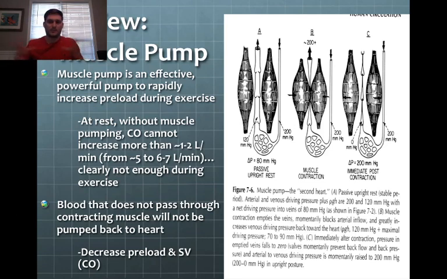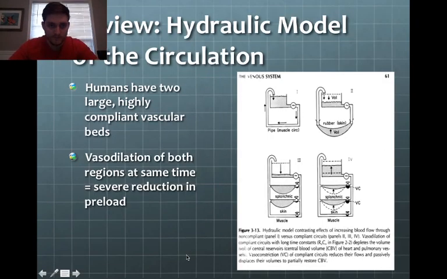It can't compress and it can't drive up pressure to deliver more blood back to the heart. And so if that is occurring, we see a decrease in preload and stroke volume. And so humans have two large, highly compliant beds, including the splanchnic circulation and the skin.